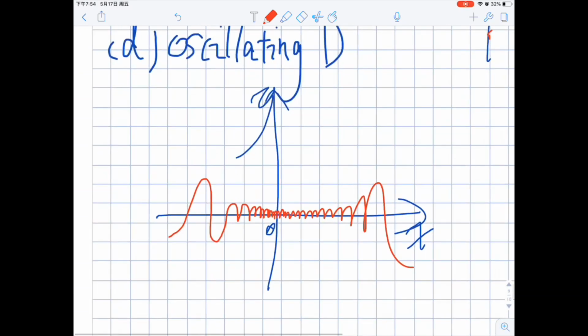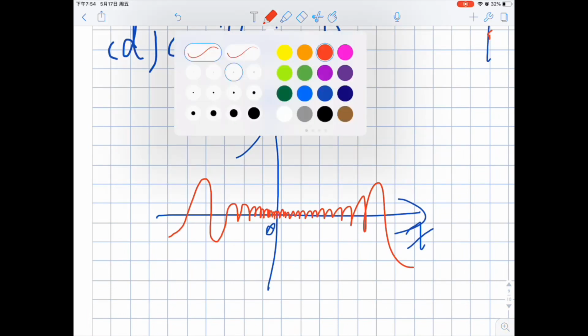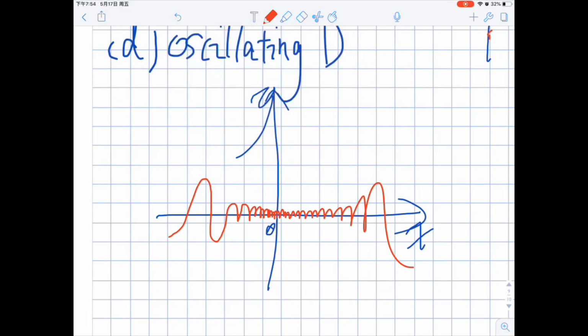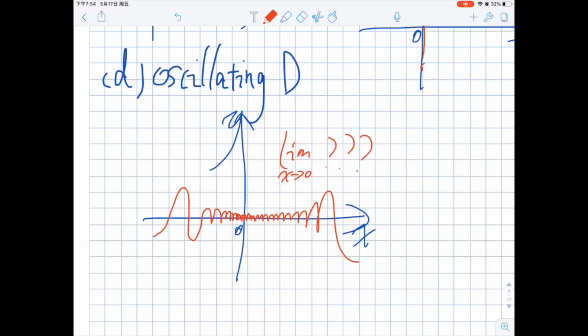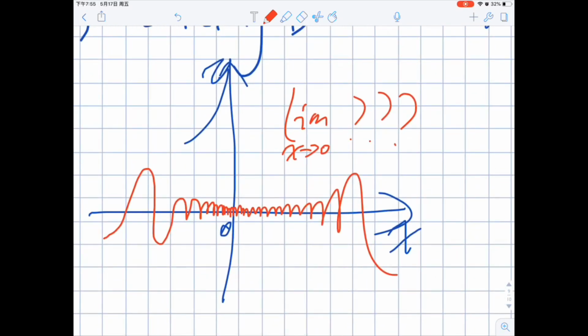We can see it's really hard to find the limit when x equals 0, because no matter how close we get to 0, we can always find varied values.